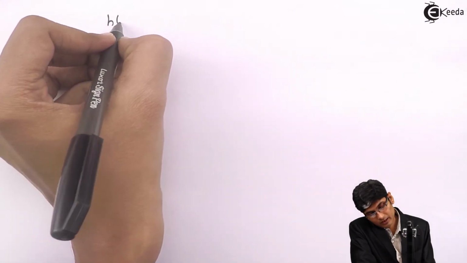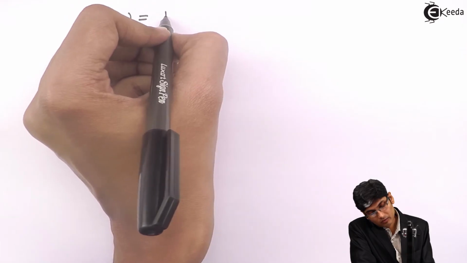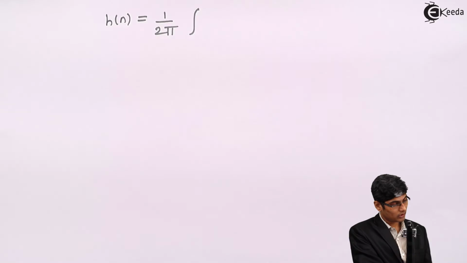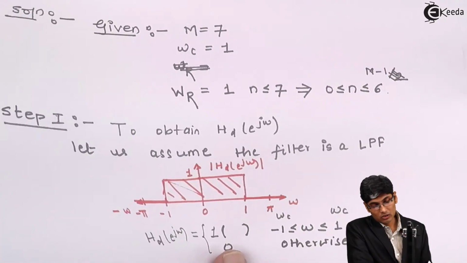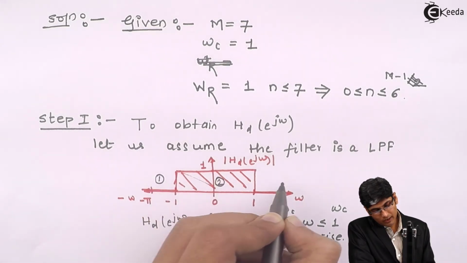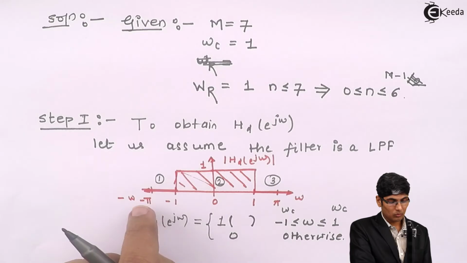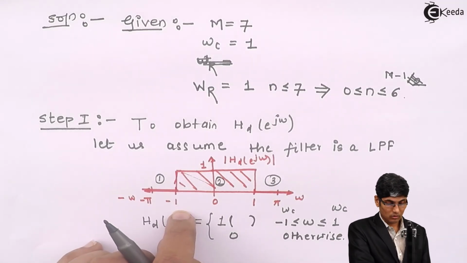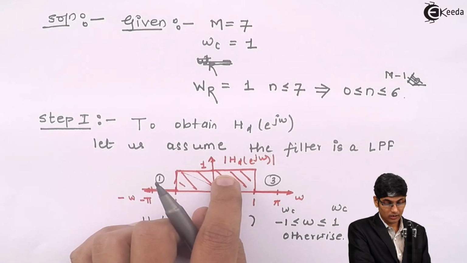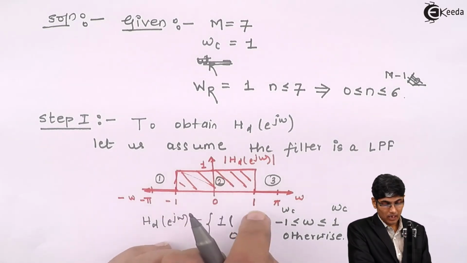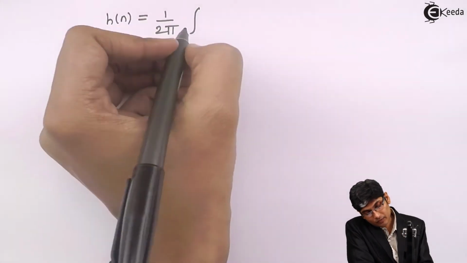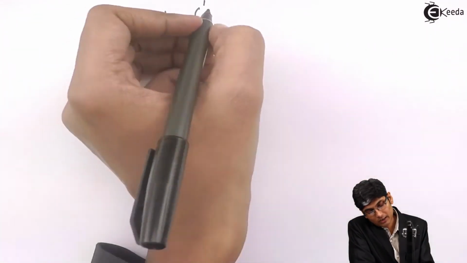We will have h of n as 1 upon 2 pi. Now for the integral, we need to go back to our regions. We have region number 1, region number 2, and region number 3. Region number 1, from minus pi to minus 1, is 0. Region number 2, that is minus 1 to 1, is e raised to minus j 3 omega, and from 1 to pi again it is 0. So my integral will be from minus 1 to 1.